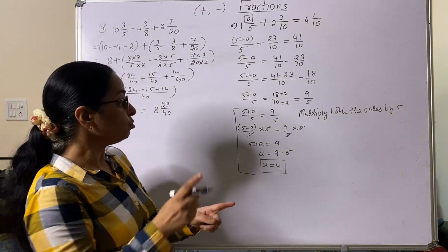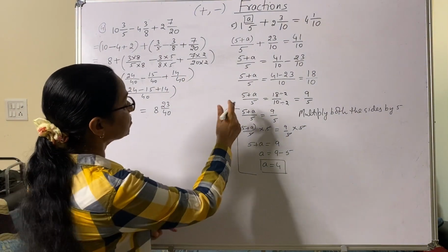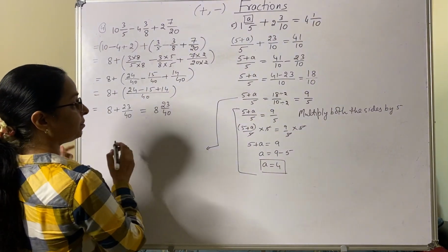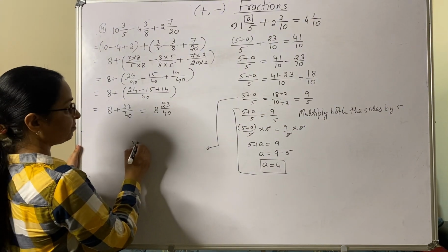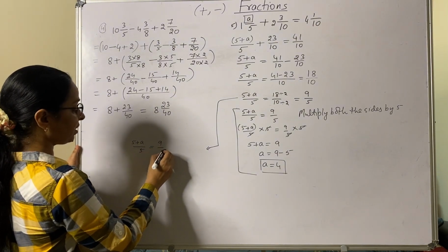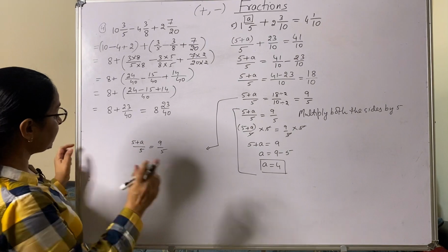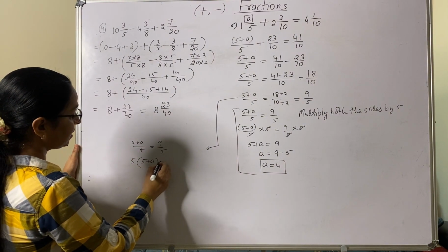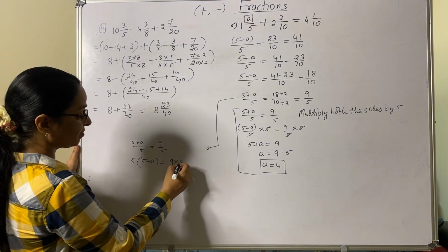Clear? If you do not want to do it this way, multiplying by 5, then what is the option? You need to cross multiply. So let me show you that method also. So it is 5 plus a by 5 equals 9 over 5. You need to cross multiply, right? So it will be 5 times 5 plus a equals 9 times 5.